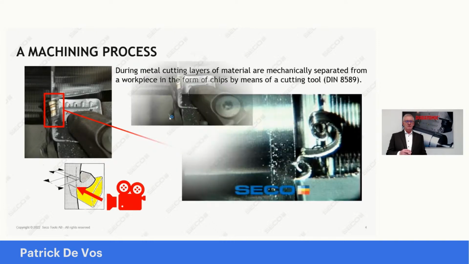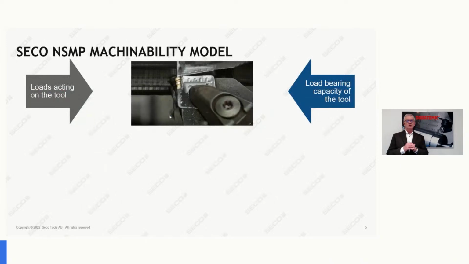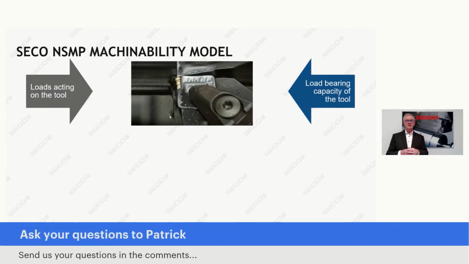And understanding the process, that is what we aim for with what we call machinability and a machinability model. It's having insight in this process, insight to understand what's going on there.